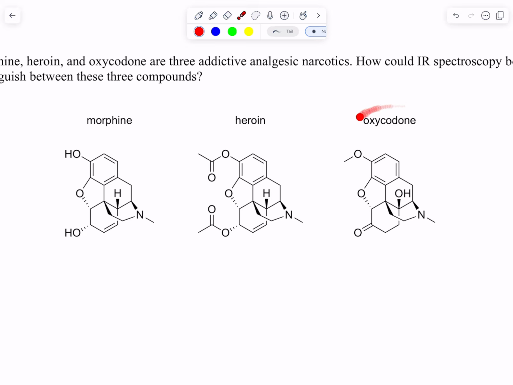I have more to say about oxycodone later. But you can see they differ in functional groups. You should be able to use IR to distinguish between these three options. Just based on the IR spectrum alone, you would know whether your opioid was morphine, heroin, or oxycodone. Okay, I will see you next time.